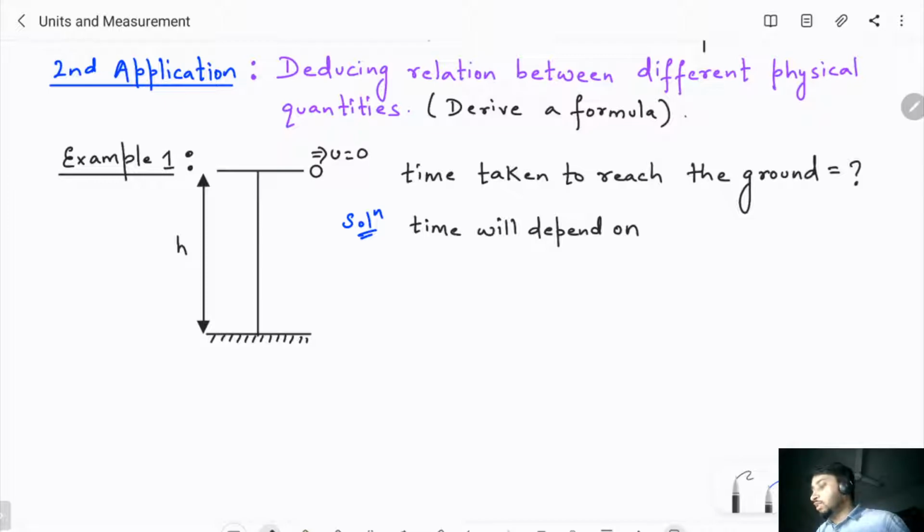So first one is height, and second one is acceleration due to gravity.